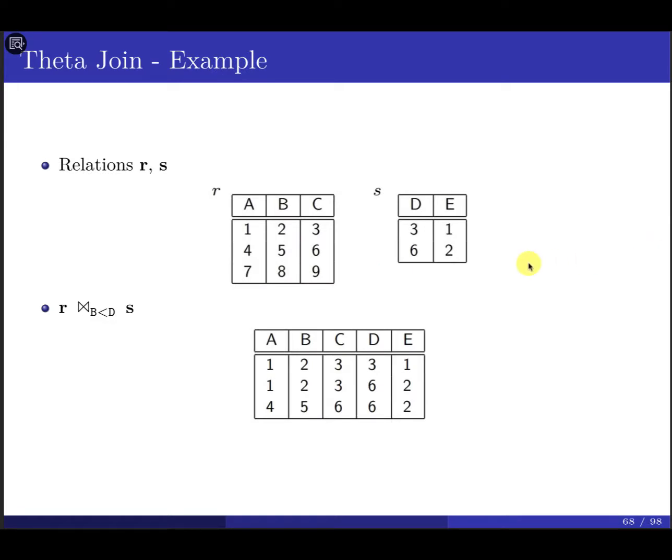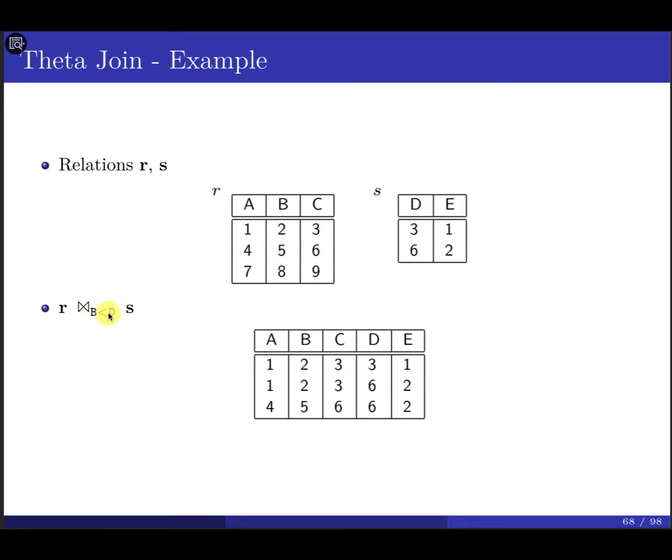So again, theta join matches tuples using some arbitrary join predicate defined by theta. Relations R and S here either have a common attribute or none, they don't care. And here, this is the condition that we have. We said R theta join, B less than D, with the relation S. In order to concatenate every single tuple of relations R and S, it must satisfy this condition.